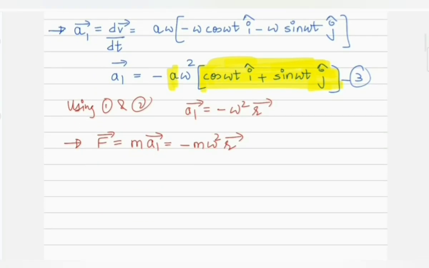Using this recent equation, you understand that F vector is minus m omega square times r vector. So this negative sign will help you understand that the two vectors, one on LHS and one on RHS, are anti-parallel vectors. So F vector and r vector, that is force and position vector, are anti-parallel vectors.